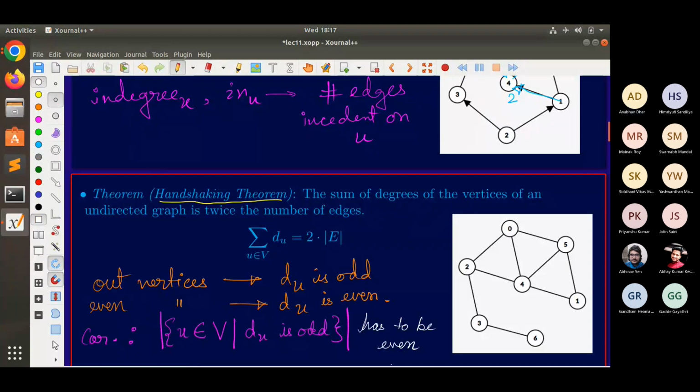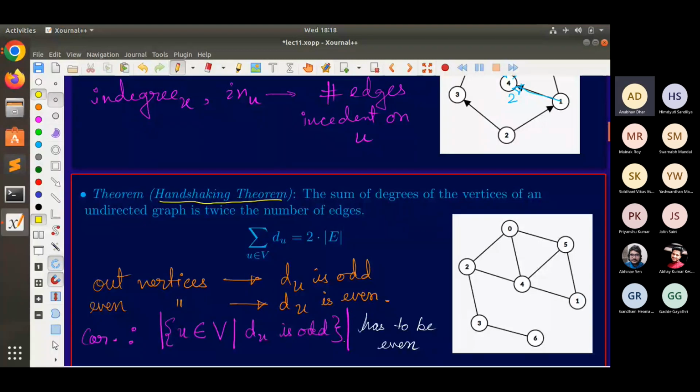Because if this number is odd, then the sum of degrees of all the odd vertices is an odd number, and the remaining even vertices will only contribute an even amount, so the net sum remains odd. But you know that this total sum must be an even number, right? So the number of odd vertices cannot be odd; it has to be even.